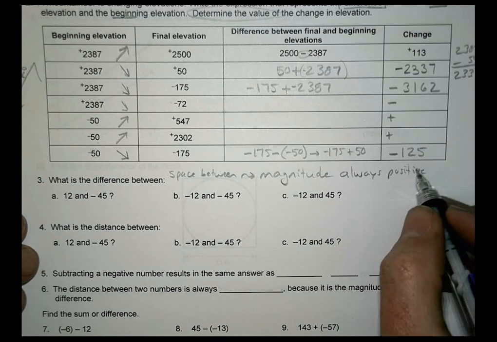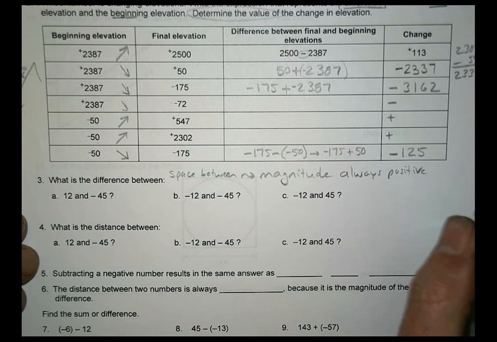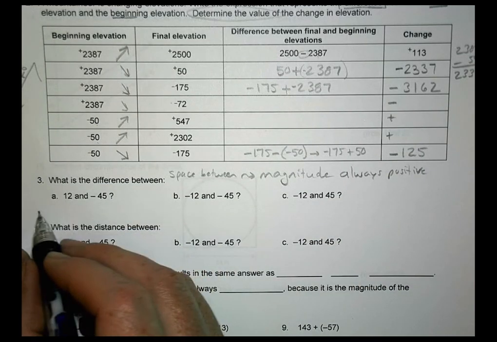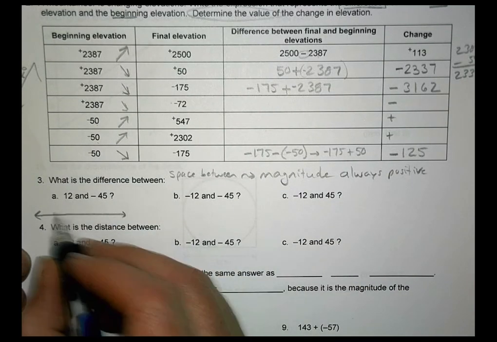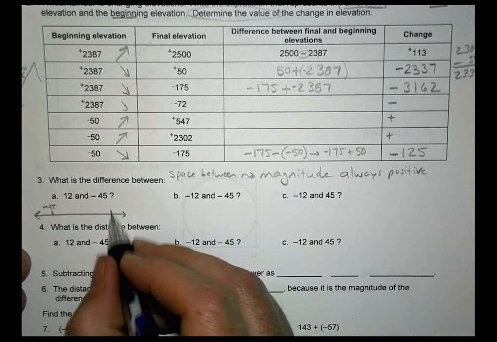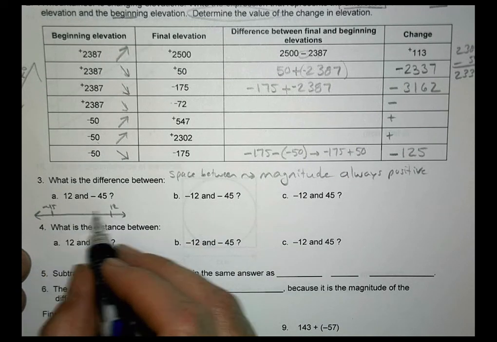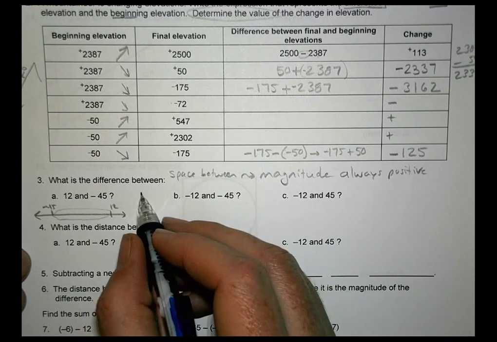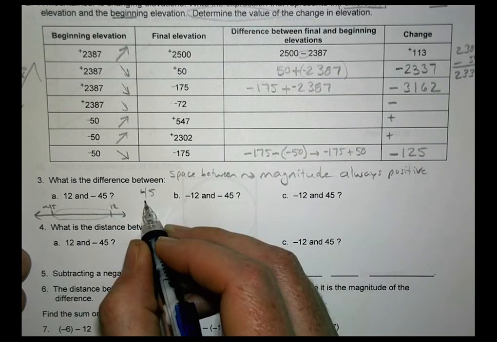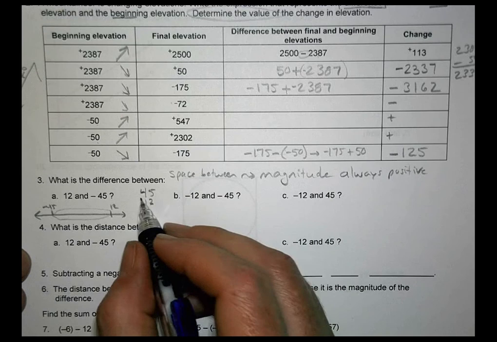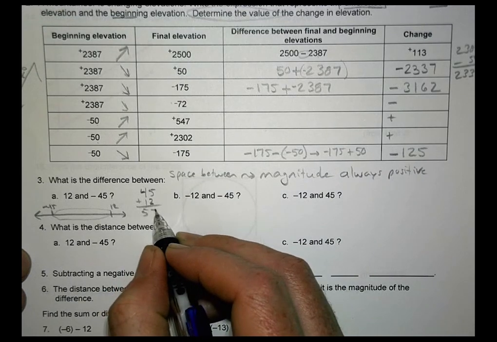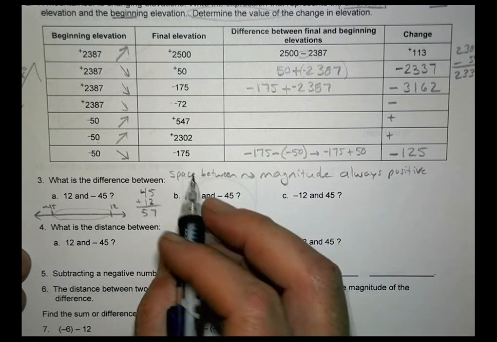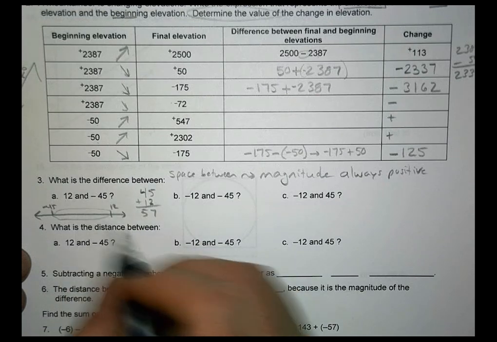It's always going to be positive. So it's like looking at a number line and saying, I have -45 over here and I have 12 here. What is the value of that space in between them? To solve that, I do 45 and 12 and add them up, and I'm at 57. So the value between them is going to be 57.